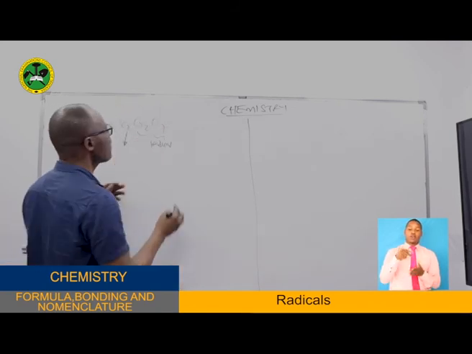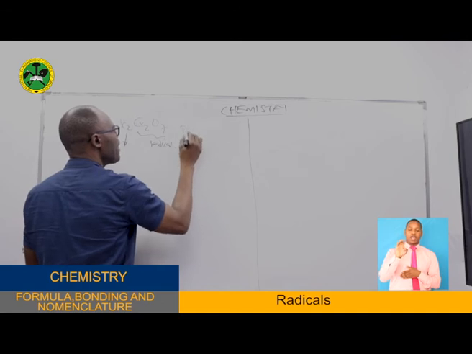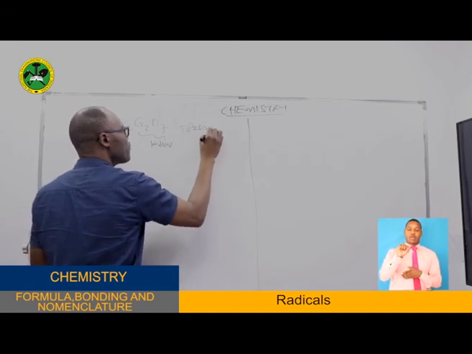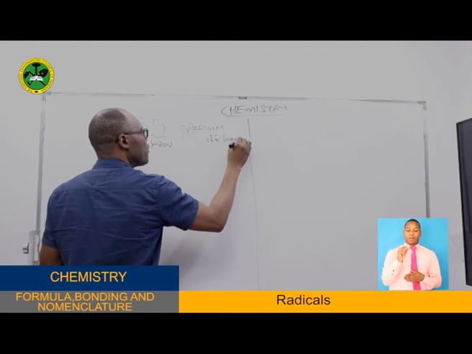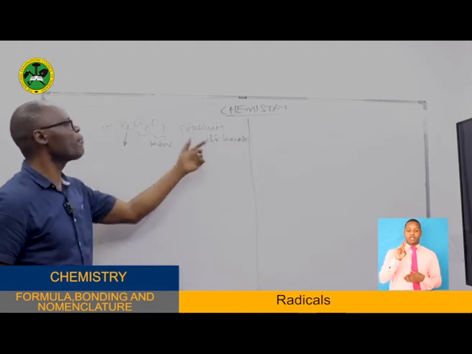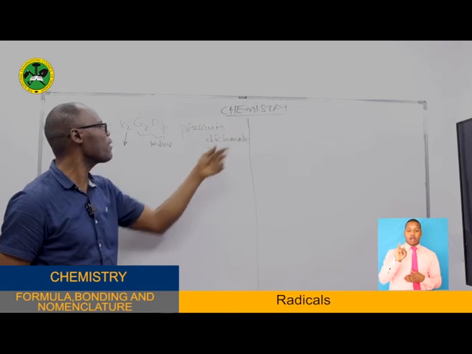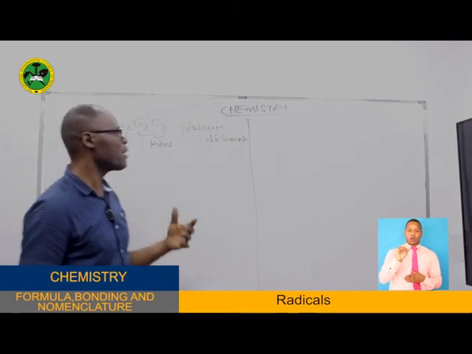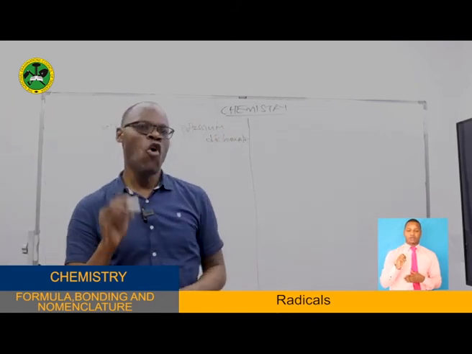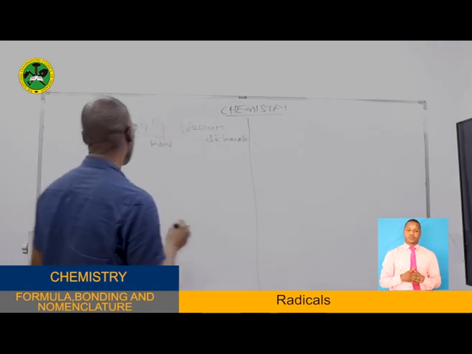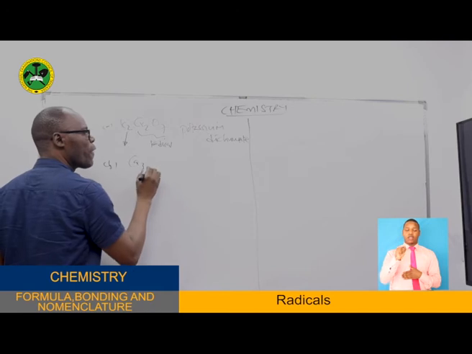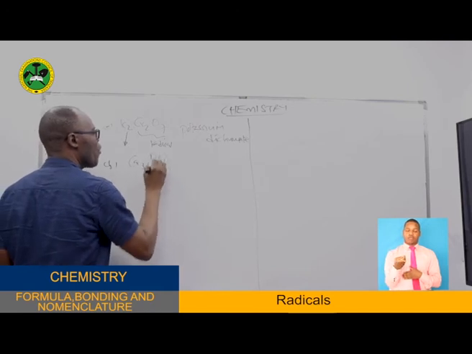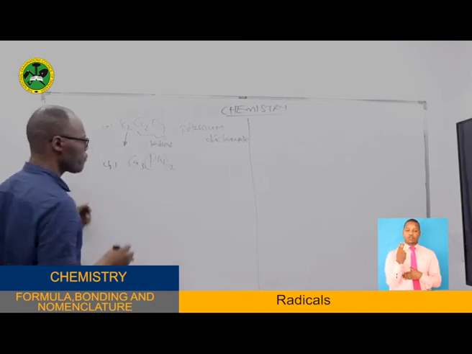So the name will become potassium dichromate. We are not writing anything in a bracket between potassium and dichromate because potassium as a metal does not have variable oxidation states.